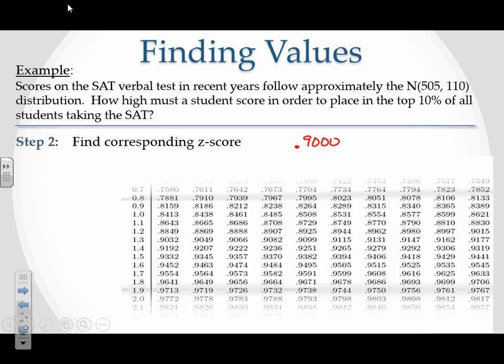So everyone doing this, if you don't know how to read the table, you are not going to do well when it comes time to quiz and test over this material. So find the value that is as close to 90% as you can possibly find.